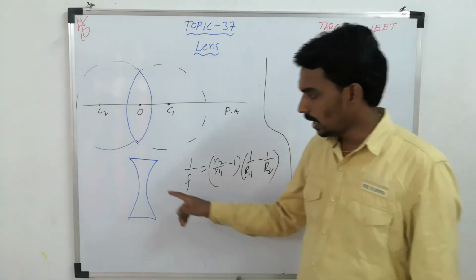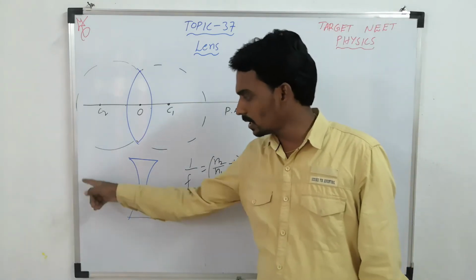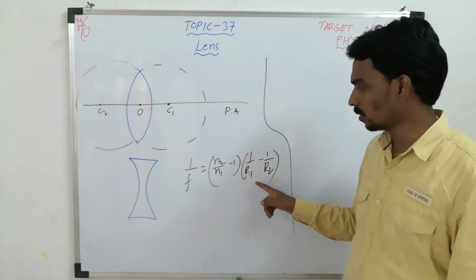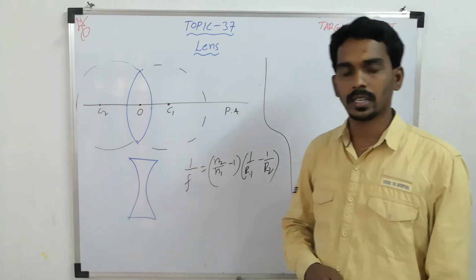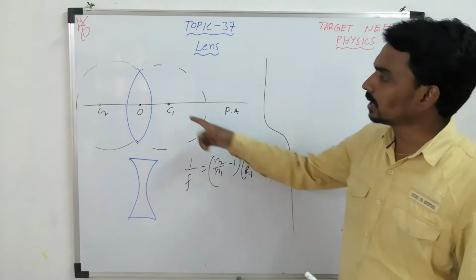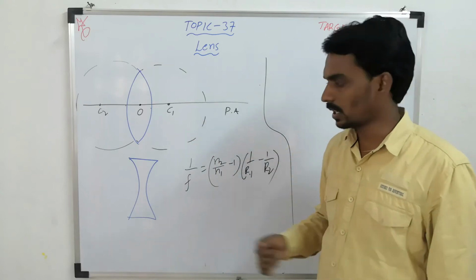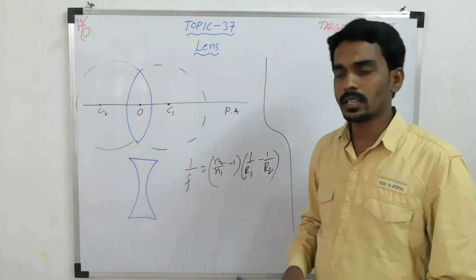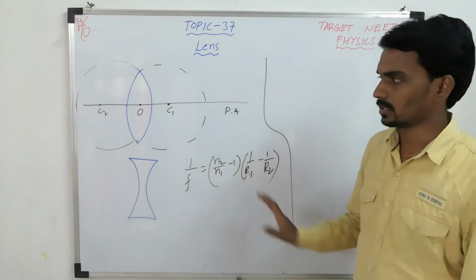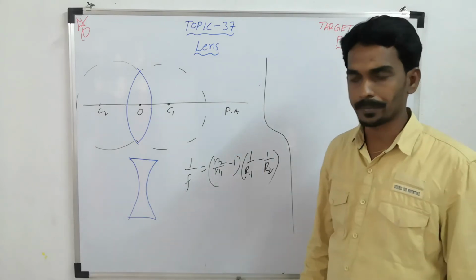For a concave lens, r1 is negative and r2 is positive, so the focal length is always negative. The convex lens acts as a converging lens and the concave lens acts as a diverging lens. Remember this basic data.